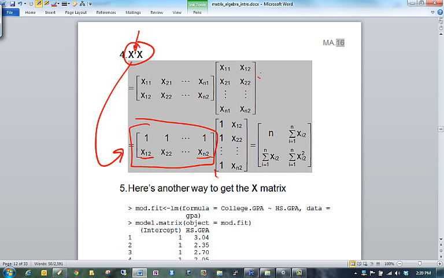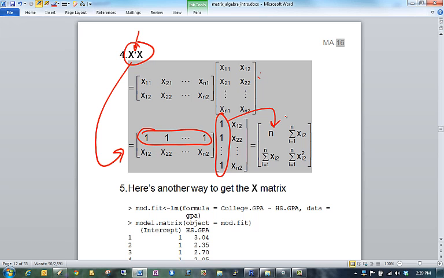I multiply it by my regular 20 by 2 matrix for X. And so when I do this matrix multiplication, what I'm doing is taking the first row times the first column, and I add up the corresponding terms. Well, I'm taking 1 times 1 plus 1 times 1, and I do that n times, and that's my sample size. So n was 20 in our particular case. I just happened to write out these X matrices in a very general context, putting n there versus 20, and so that's why we get an n there.